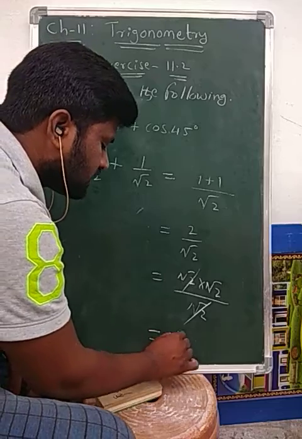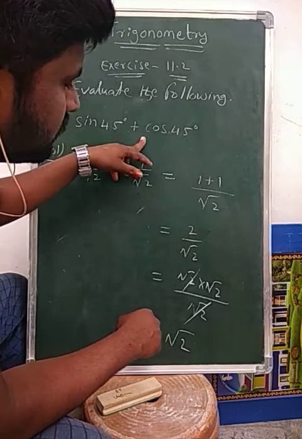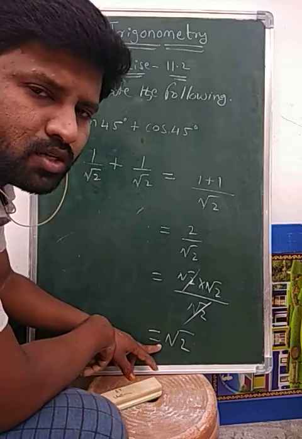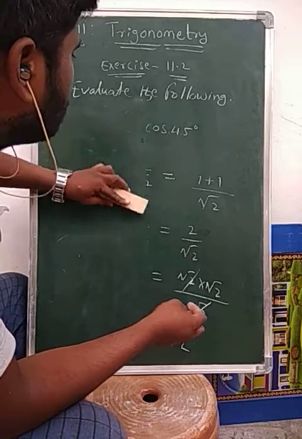What is the required answer? Therefore sin 45 plus cos 45 is equal to root 2. Okay, now see the next question.